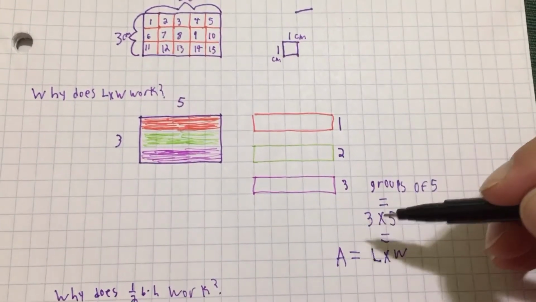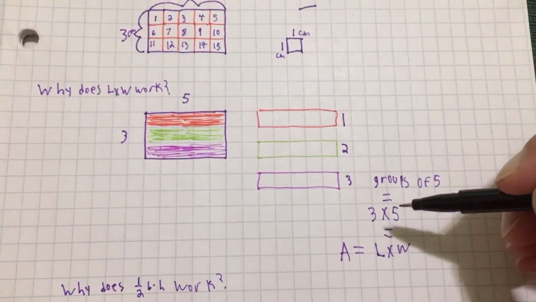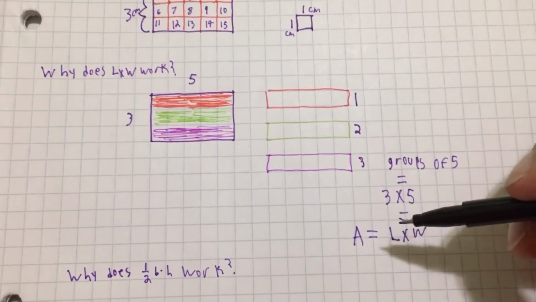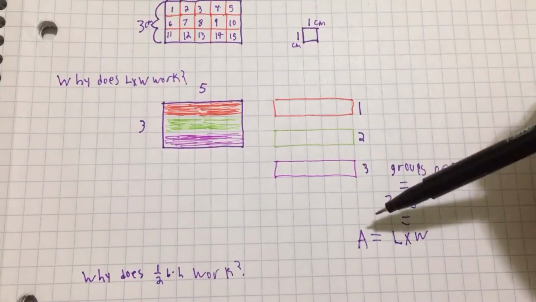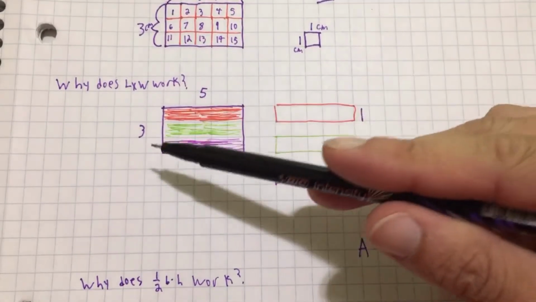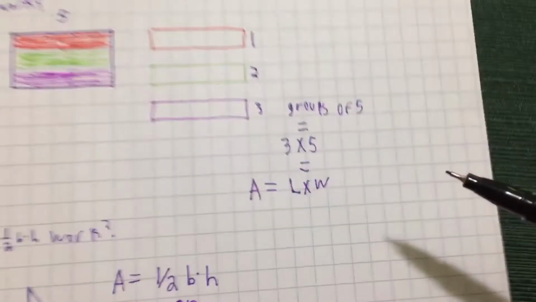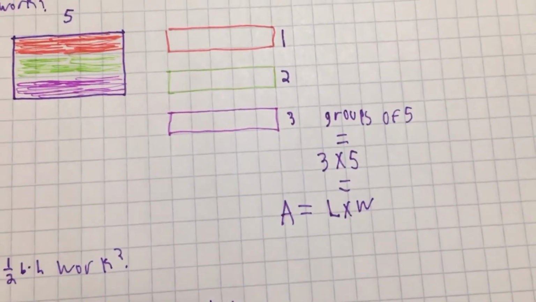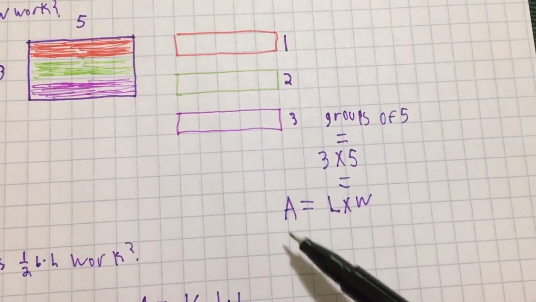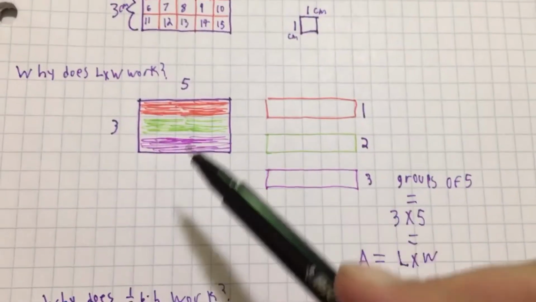And then you do that times that. So we have 3 groups of 5, so we do 3 times 5. And if you look back, length times width, or perhaps even width times length. But we know, since the commutative property, we can switch those around. It does not make a difference. That is why we can use length times width to find the area of a rectangle.